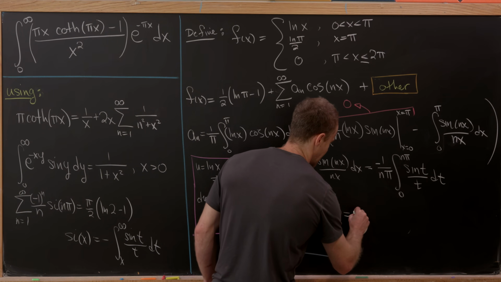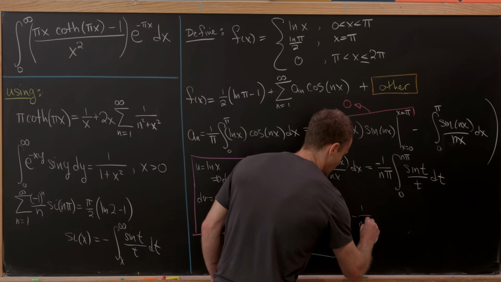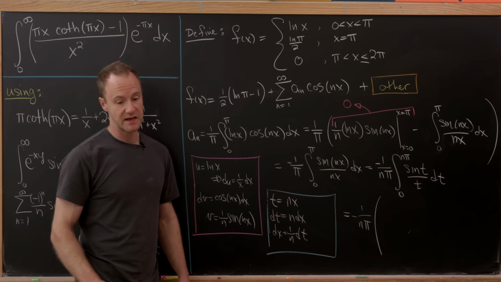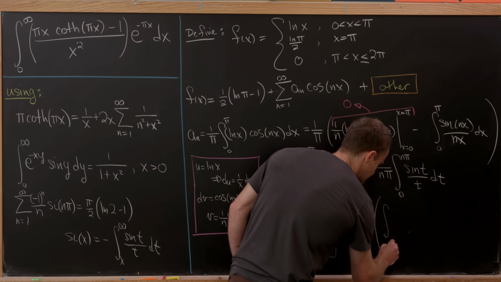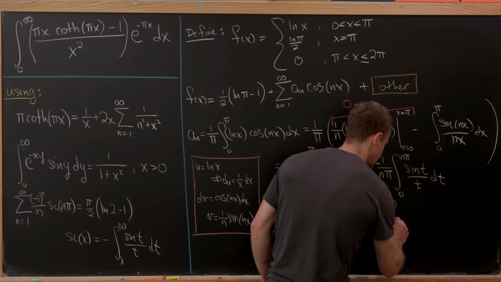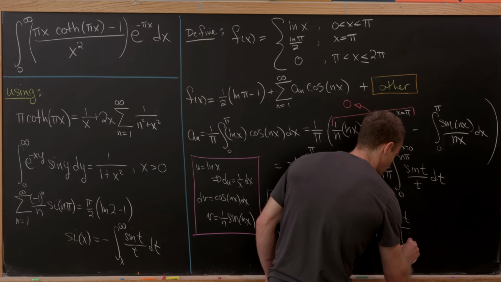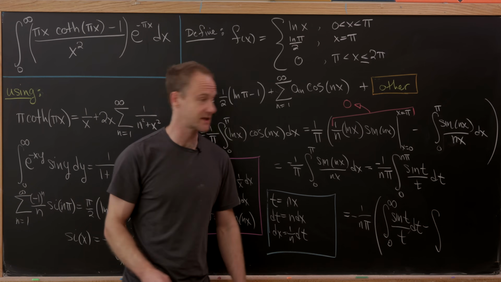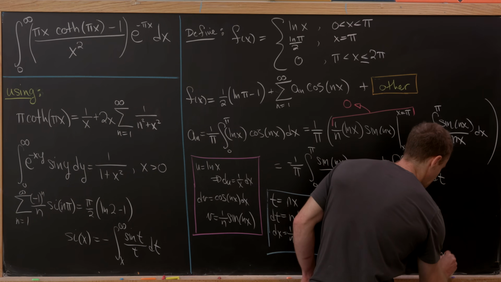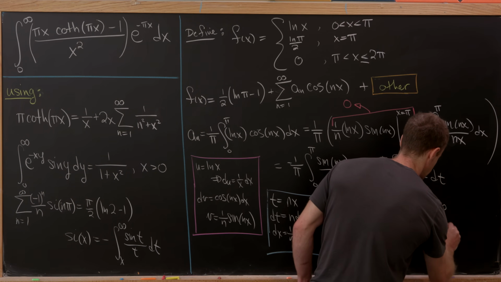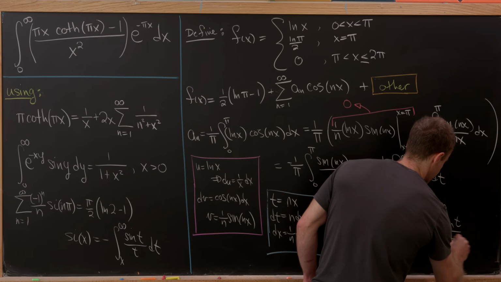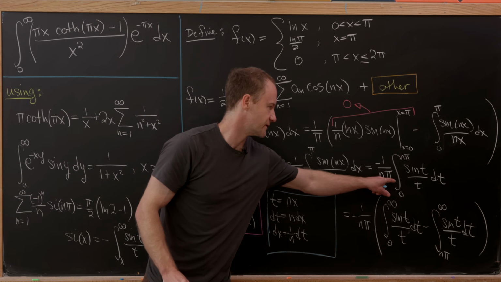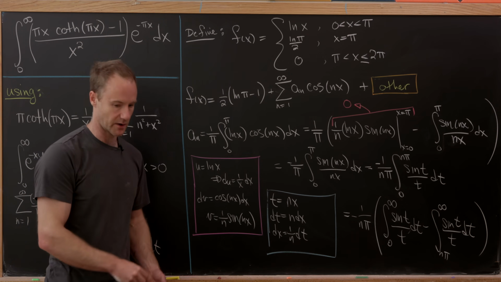Let's write this as, well, we'll still have this minus 1 over n times pi out front. And then next, we'll have the integral from 0 up to infinity of sine of t over t dt. And from that, we will subtract the integral from n pi up to infinity of sine t over t dt. Because now the difference of those two integrals is definitely this one up here.